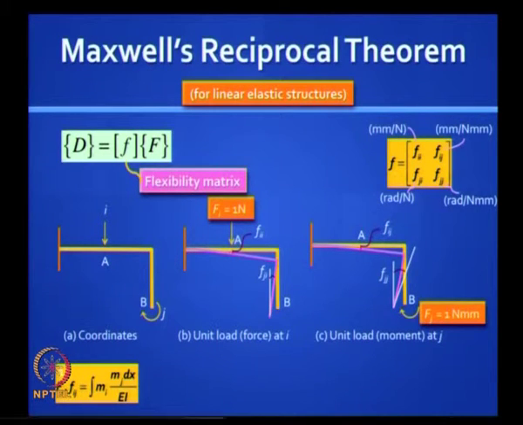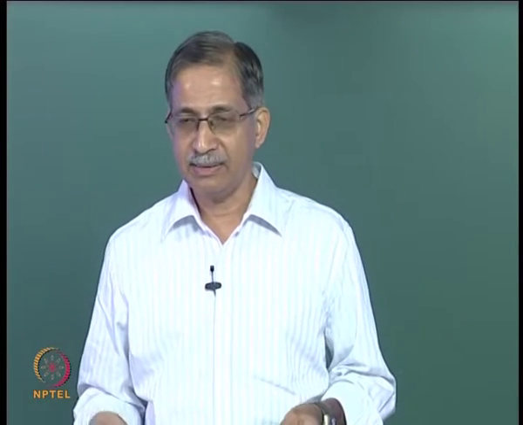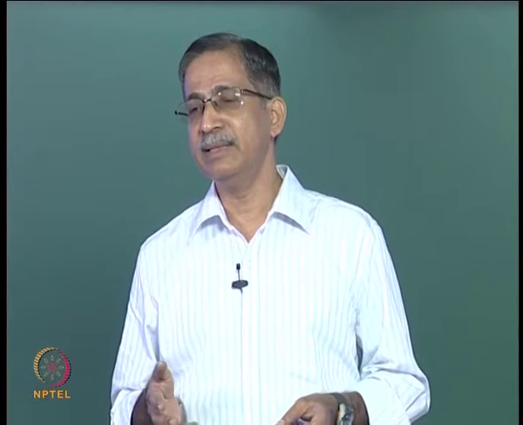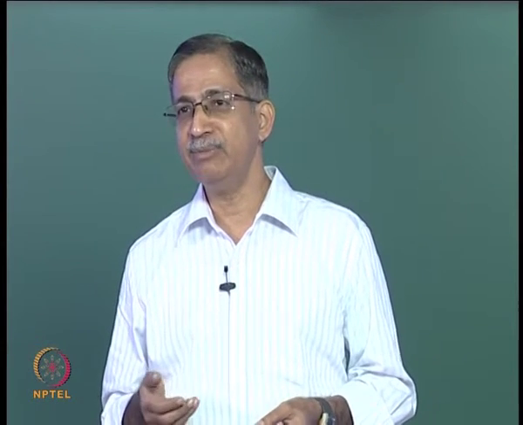Then do you agree that the external virtual work would be Fi into Fij? This is force, this is displacement, and the internal work is, you know the units, Mi refers to the bending moment anywhere in that frame caused by Fi equal to 1, so that is the force field, and the other one is the elemental rotation Mj dx by EI.